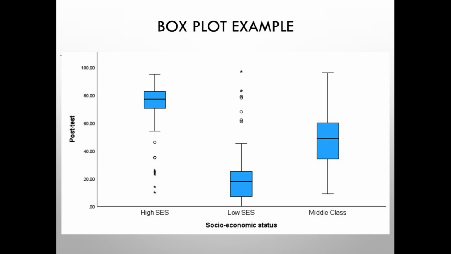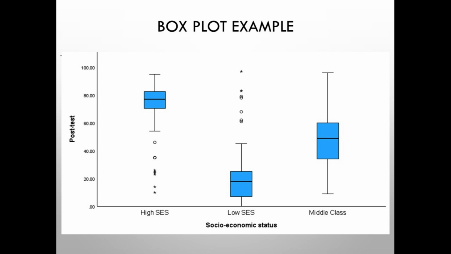When data have a relatively normal distribution, the median line is in the middle of the box and the whiskers are approximately equal in length, like the box plot on the right side that shows the distribution of scores among middle class individuals. When data are skewed, the box and whisker plot is not symmetrical like the one we have for individuals with low socioeconomic status.